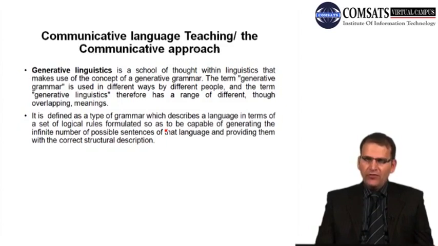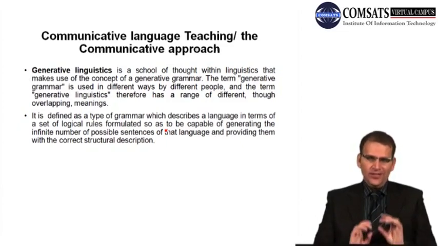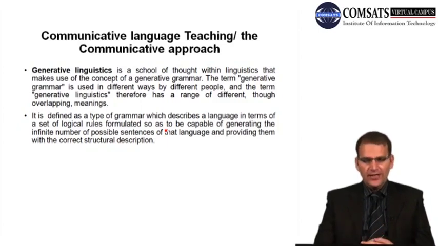If you try to interpret it, generative grammar is a grammar which describes language, so it is descriptive. It describes language in terms of a set of rules, formulated so as to be capable of generating an infinite number of possible sentences of that language.